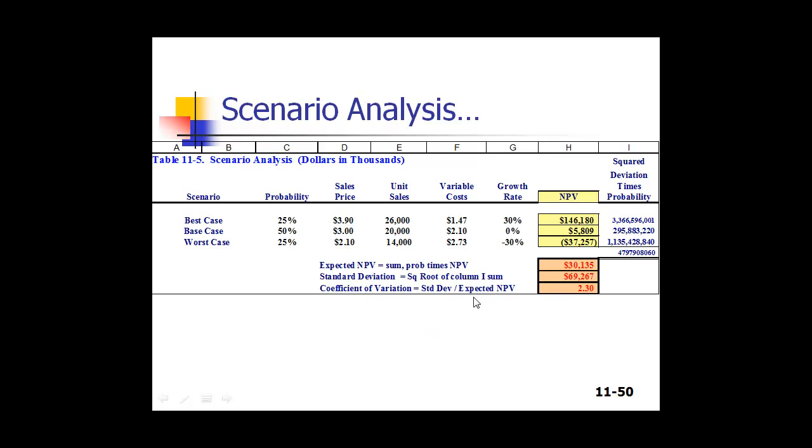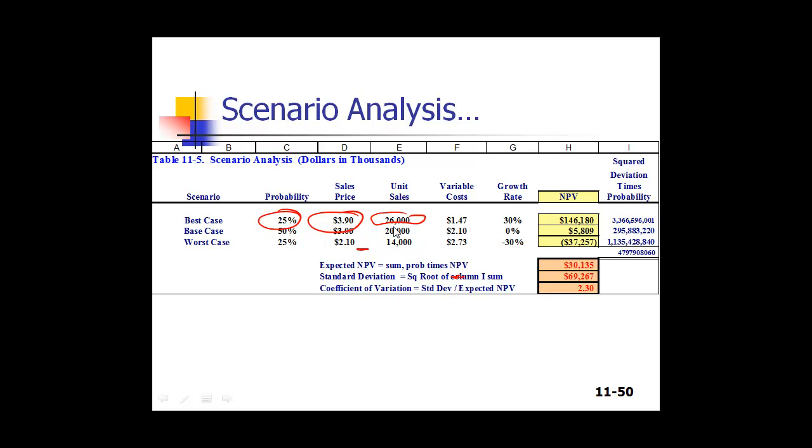is that you can assume in a best case scenario, for example, that multiple variables change. In a best case scenario to which you are giving a probability of 25%, you might say the sales price will be 390. The unit sales will be more than you had anticipated.